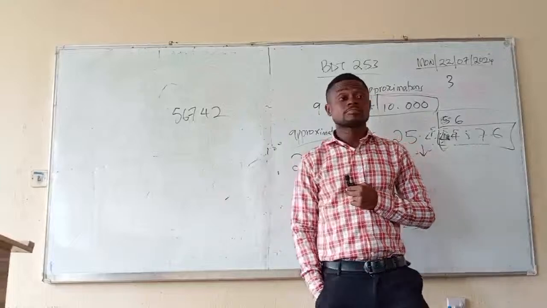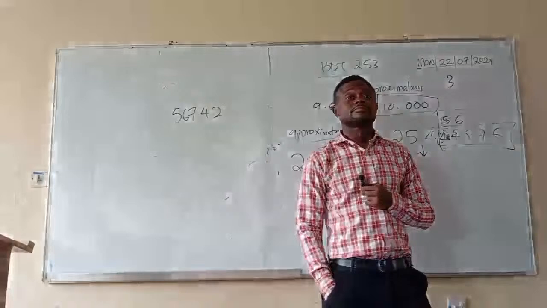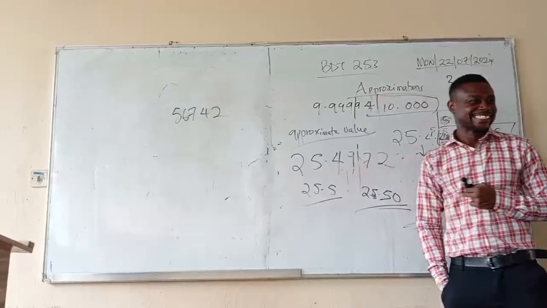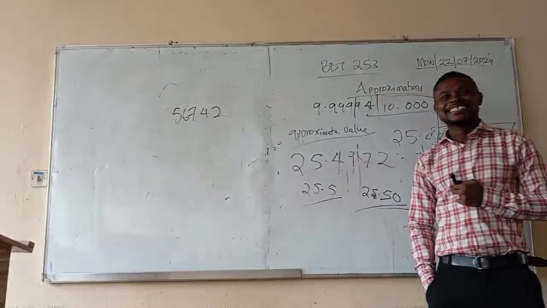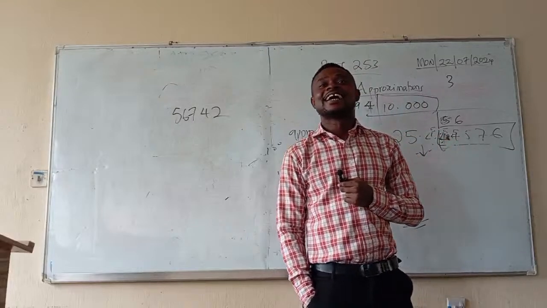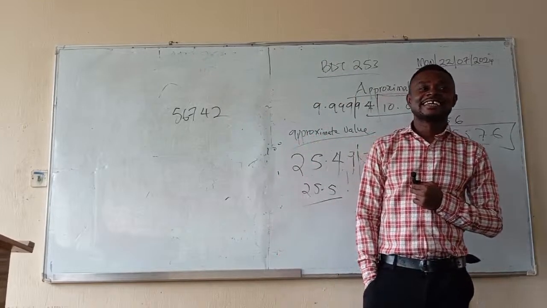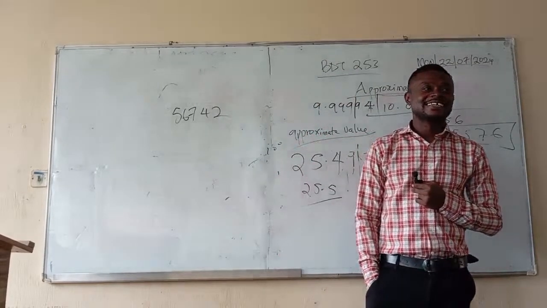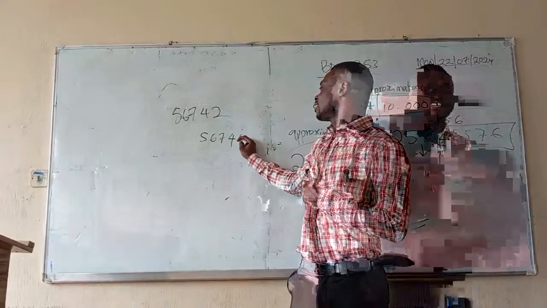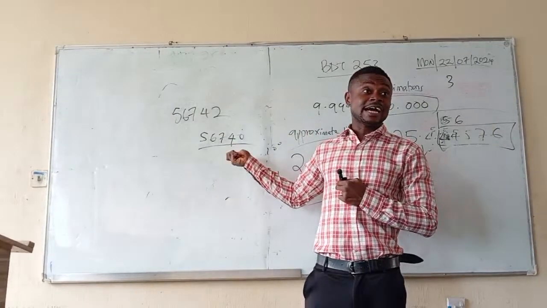Nearest 10. 5 what? Is it round up or round down? Is it round down?